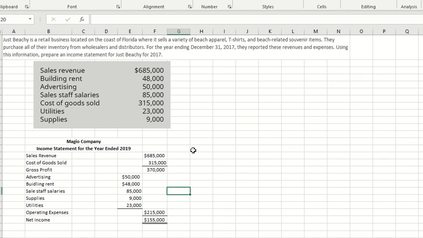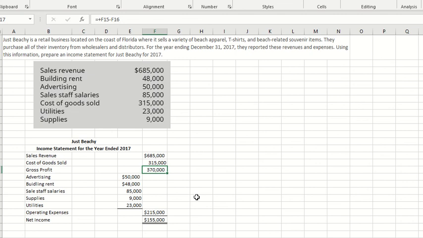So our income statement, this is Just Beachy, for the year 2017. We have sales revenue of 685,000 minus cost of goods sold, here 315,000.